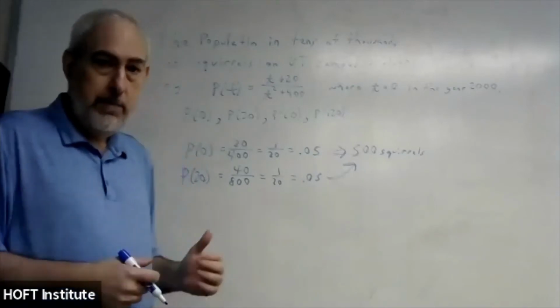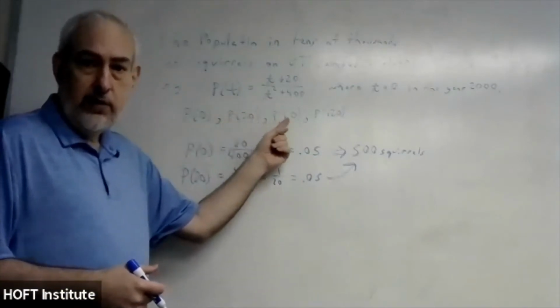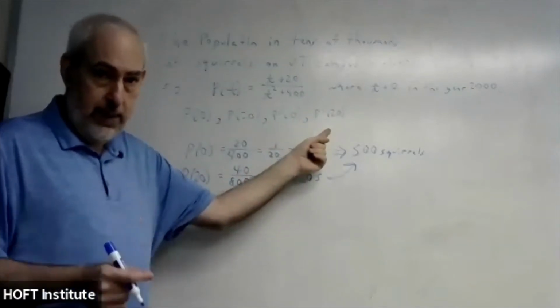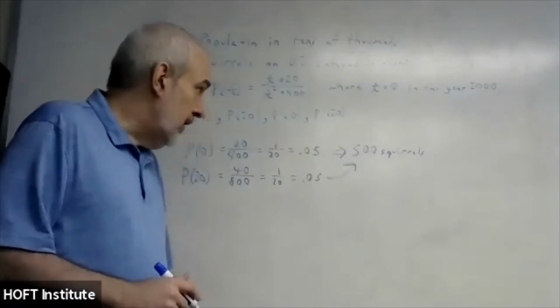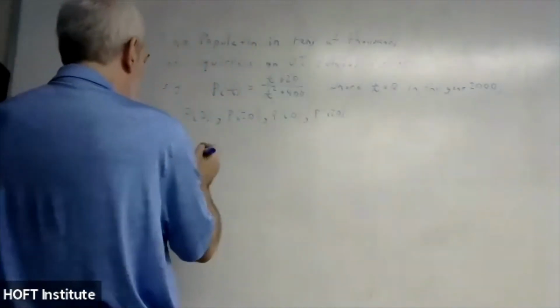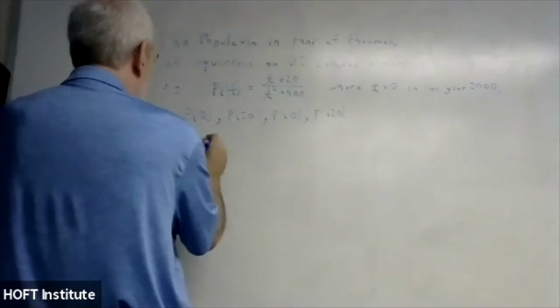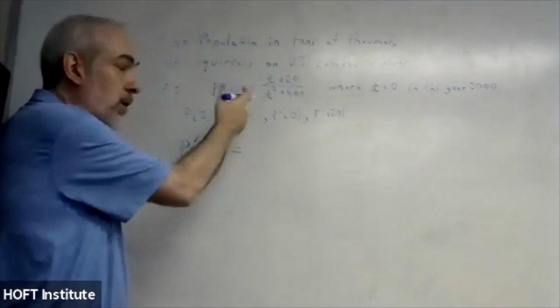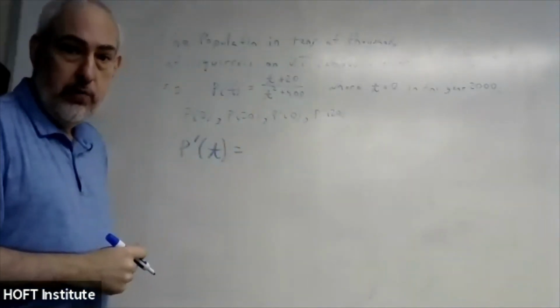Okay, the last two things is to find and interpret the derivative of P at 0 and the derivative of P at 20. So first we need to find the derivative function. And to do that, we've got a quotient, so we must apply the quotient rule.